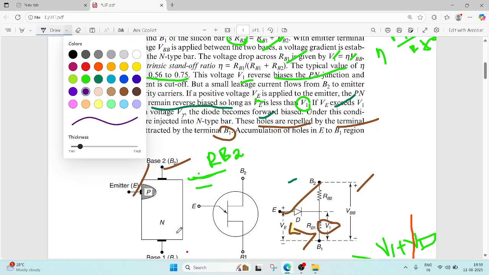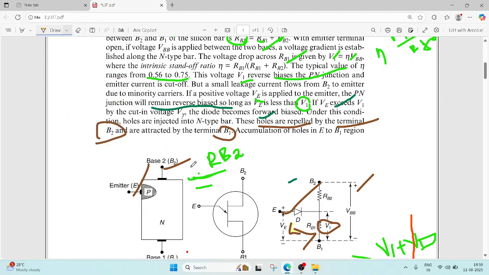This is connected to positive. Now what happened? This positive repels the holes. Now this is connected to negative. What happened? The entire set of holes is attracted by the terminal B1.